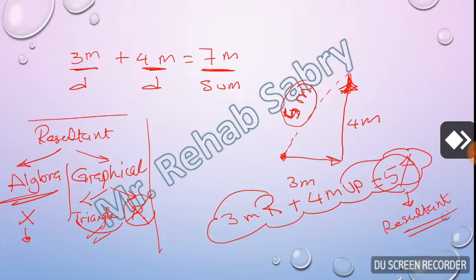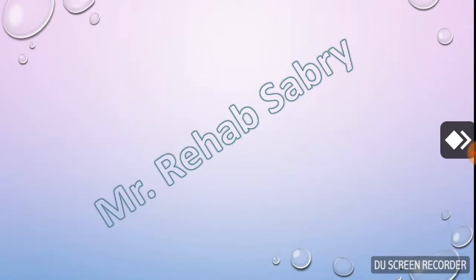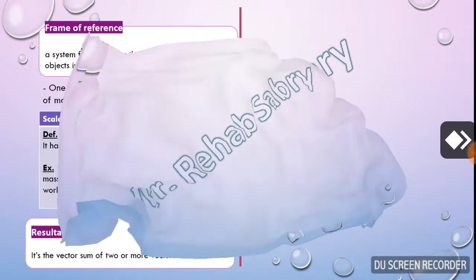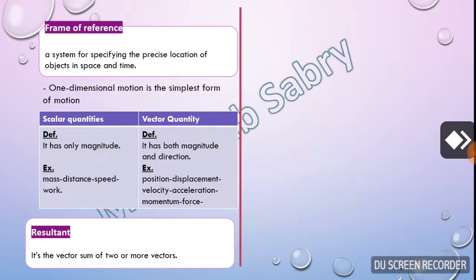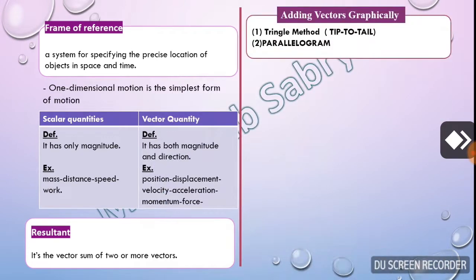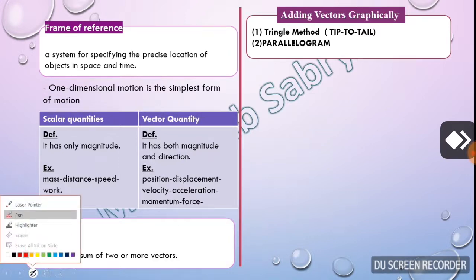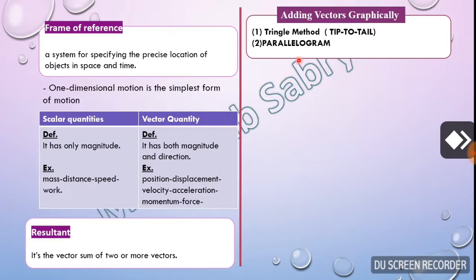So let's go back to our previous slide. Adding vectors graphically. To add vectors graphically, we will use the triangle method, or the tip to tail, which we also call head to tail.